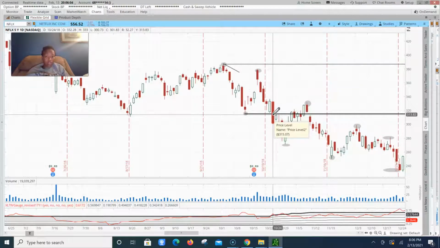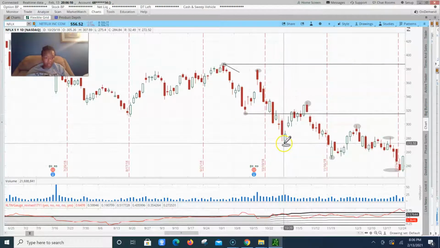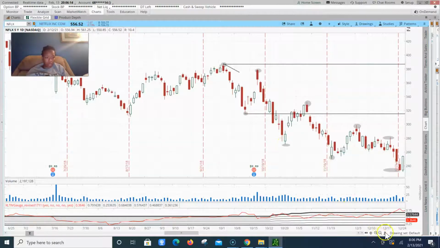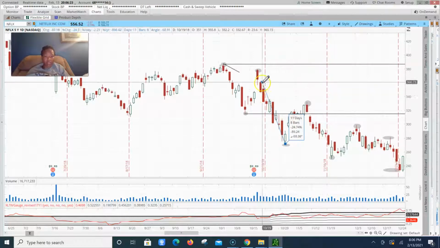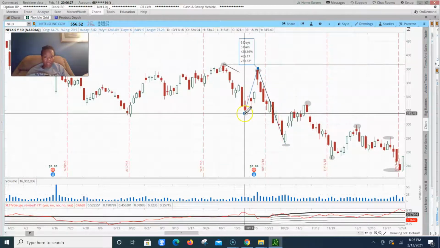So what I'm going to do is I go from here all the way to that lowest point, and the lowest point was here. And then from the lowest, I want to go back to the highest point. And that will be my highest point. And then I drag my line back here.